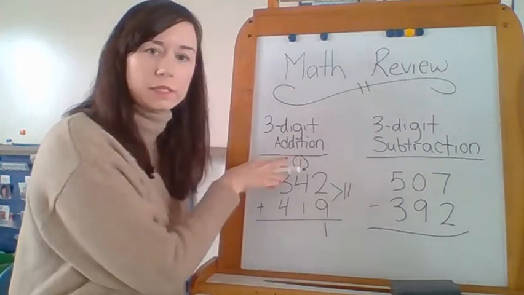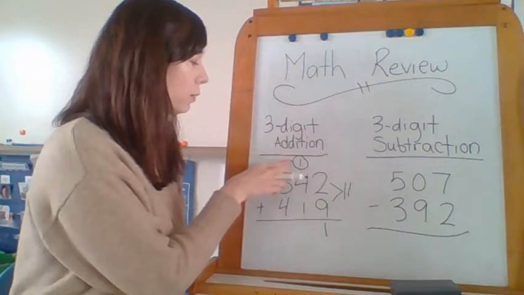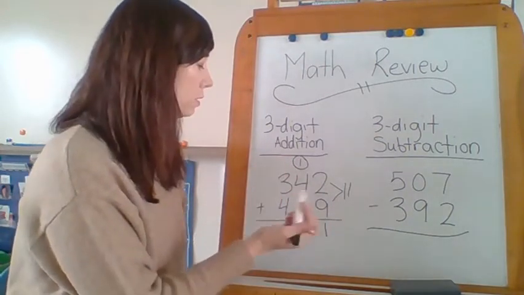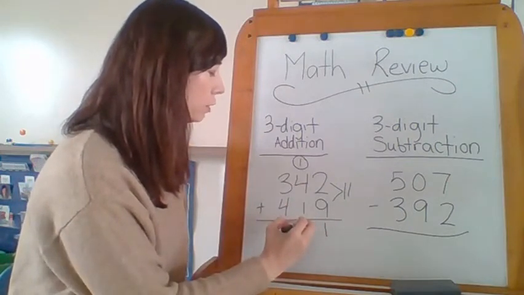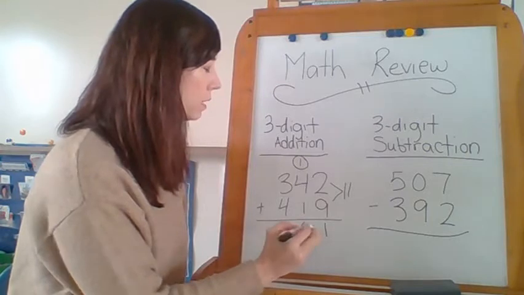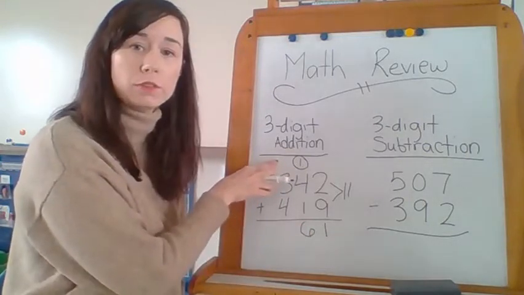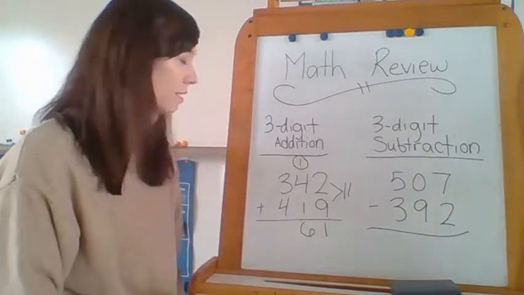Now what's this called again? Regrouping. Good. All right, so I have 10 plus 40 plus another 10. I'm going to add that up. It's going to be 60. So right now I have 61. Did I have to regroup into the hundreds? No, because that answer is smaller than 10.